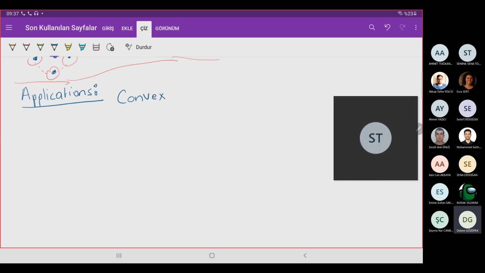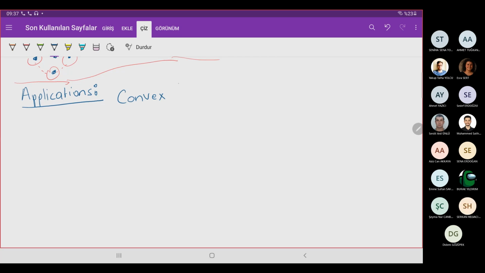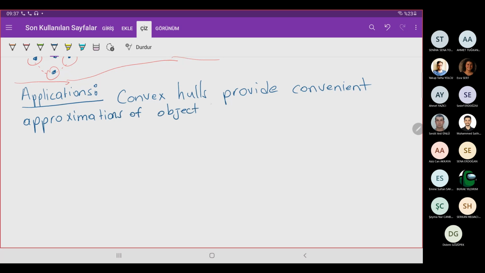Convex hulls provide a simplification of object shapes and data sets given.